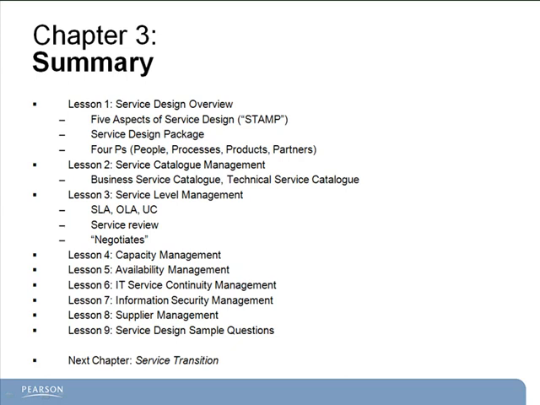This service design package is compiled by a person called a service design manager, and once it's complete, it's handed off to the service transition phase, which is coming up next.